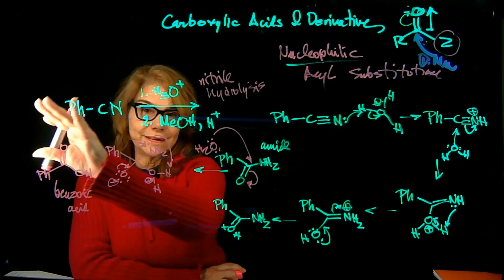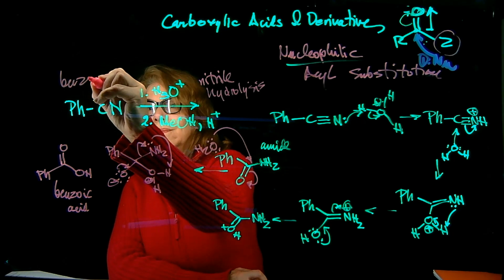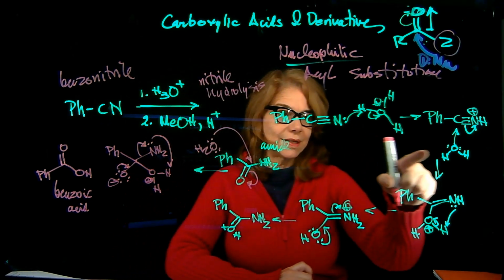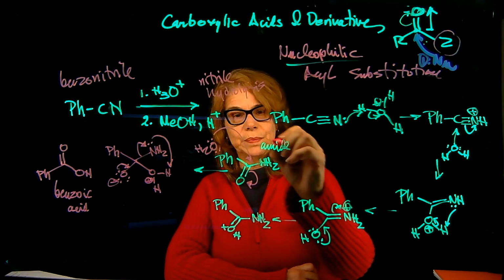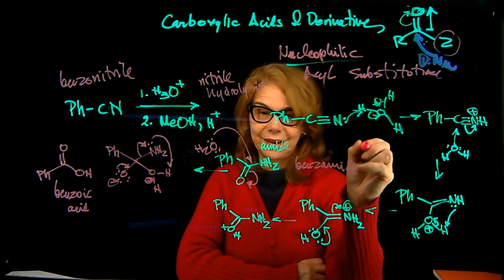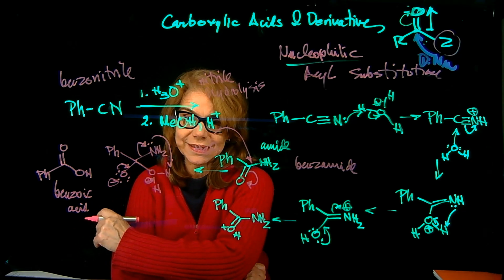And bottom line, the reaction number one, from benzonitrile, we have hydrolyzed it. We form first the amide. So this is benzamide. And under acidic conditions, the amide continues to hydrolyze to the carboxylic acid.